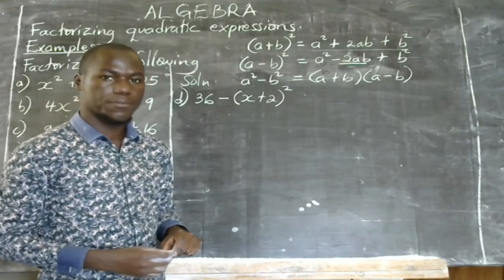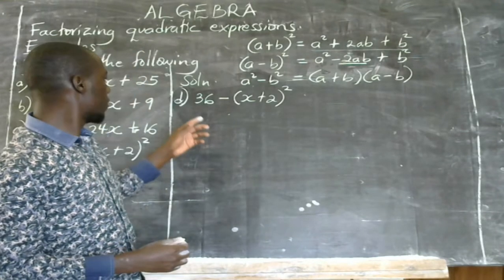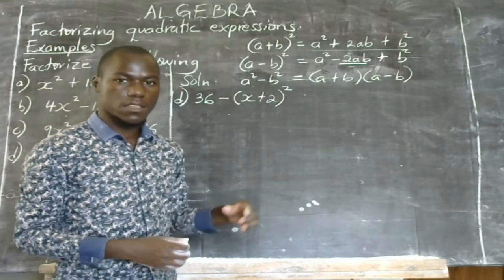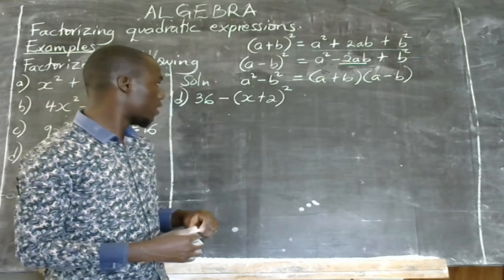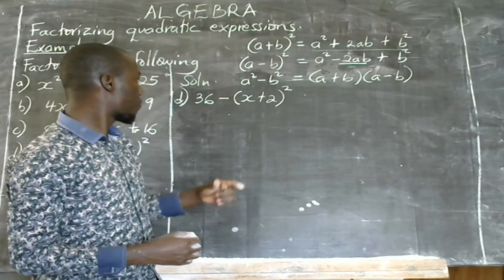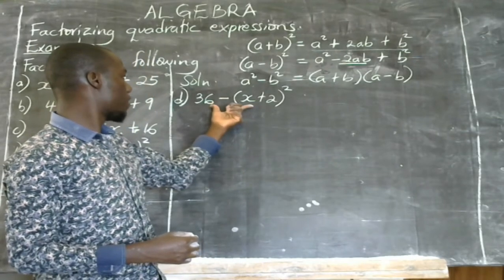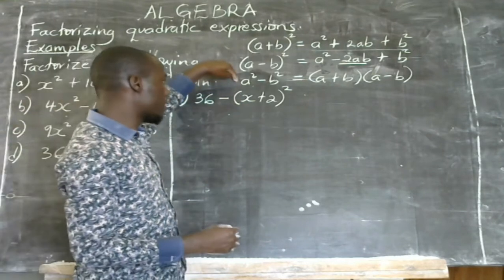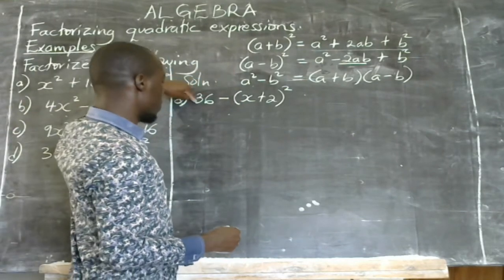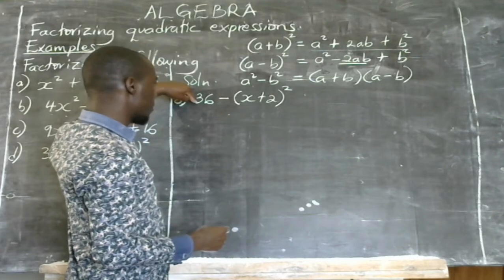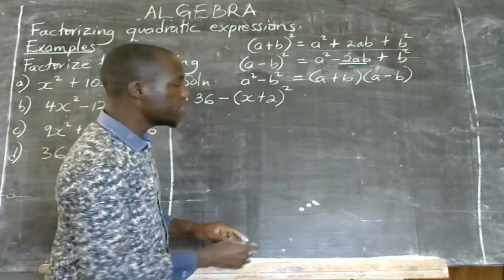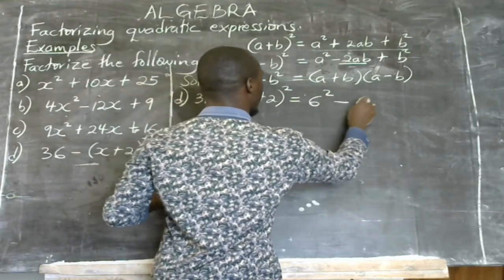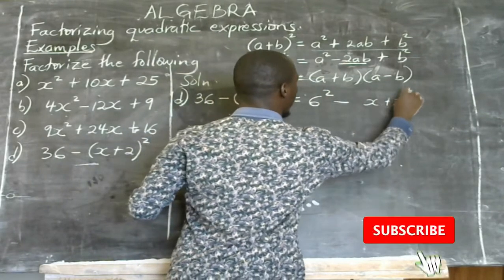Part D, we have 36 minus x plus 2 squared. This one we looked at in the previous lesson using the difference of 2 squares, that is this identity here. So the 36 is the same as 6 squared, then minus x plus 2 squared.